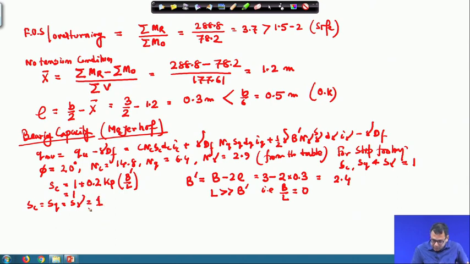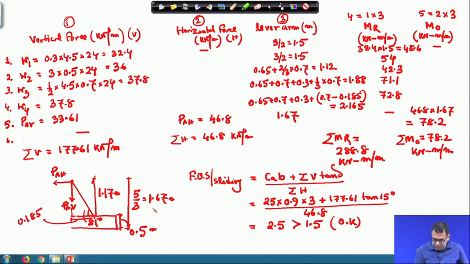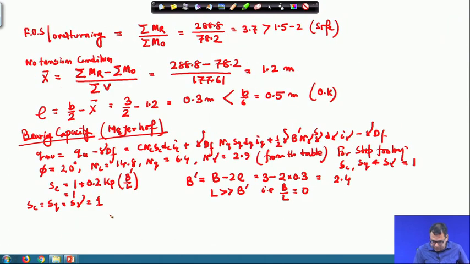Now, our c value is given 25 kPa, so c value is 25 kilonewton per meter square, gamma is 18 kilonewton per meter cube. So, I am writing that c is 25 kilonewton per meter square and gamma is 18 kilonewton per meter cube.